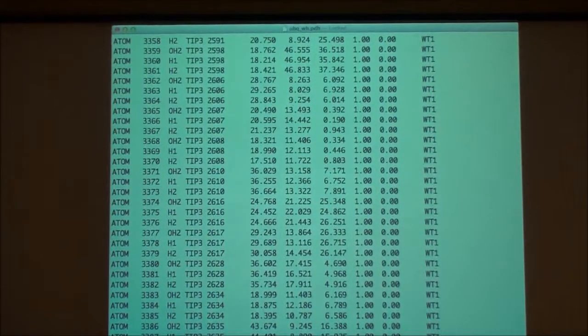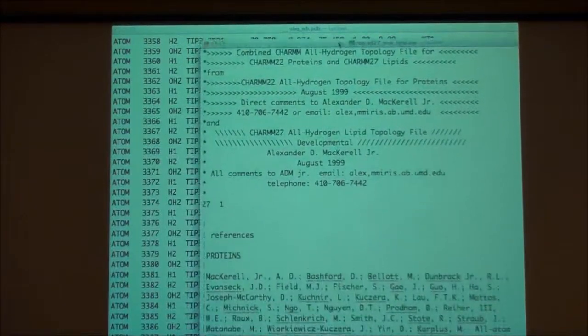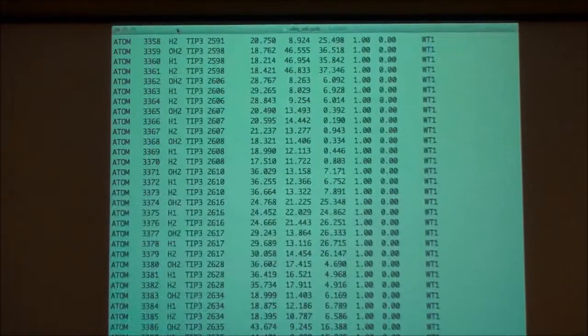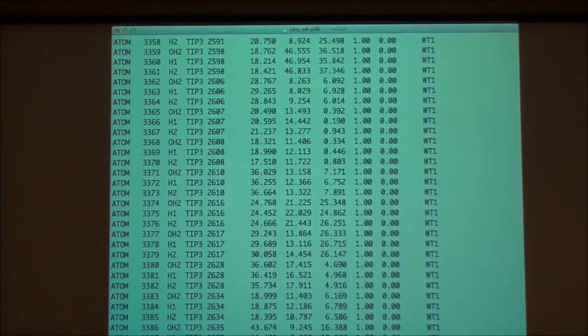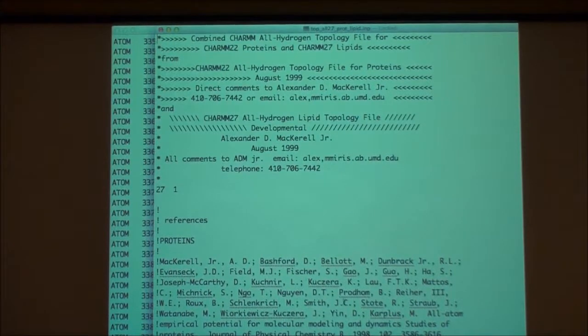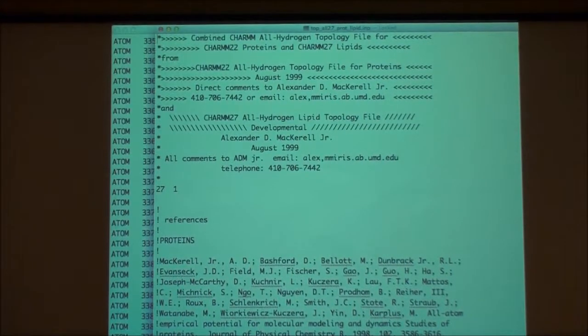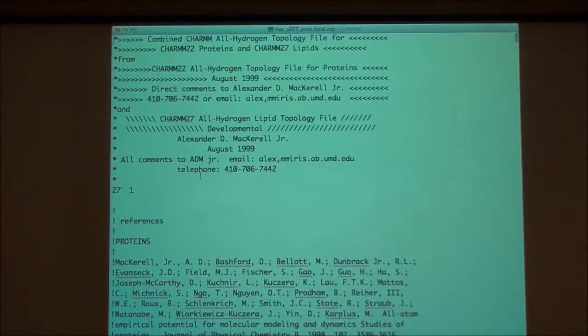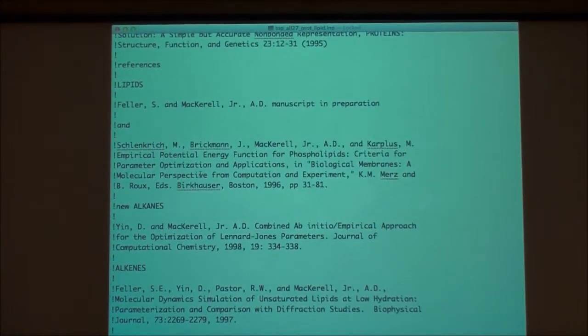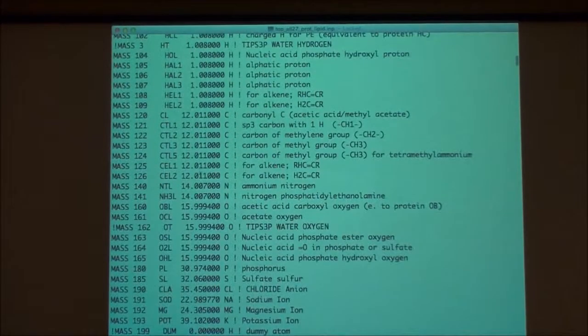Then what is also important for your coarse-grained tutorial today is the topology file. That's where you specify the topology of the system. This is an example of a CHARMM topology file, but here it doesn't matter what you are using.